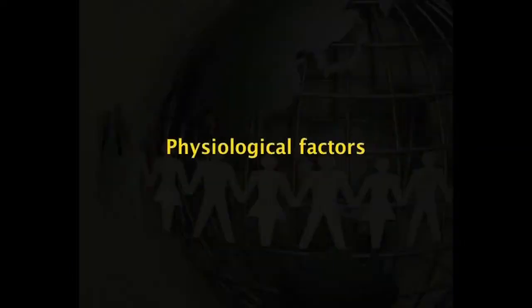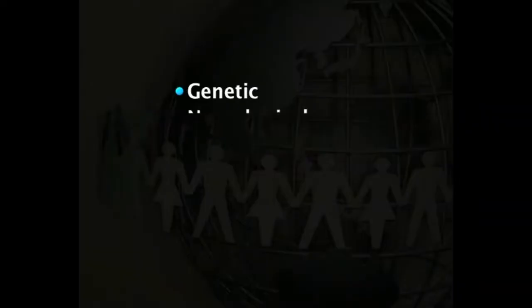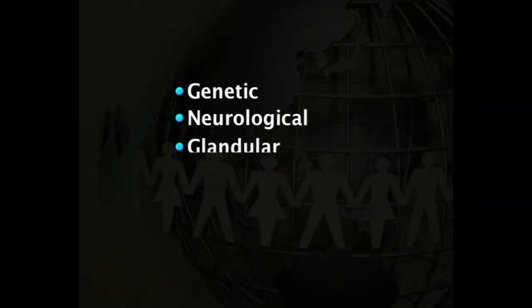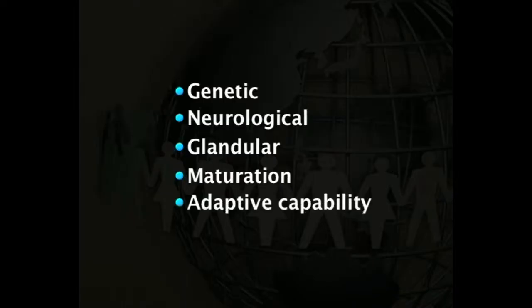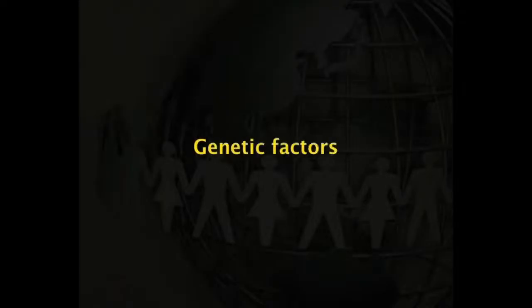Physiological factors: genetic, neurological, glandular, maturation, adaptive capability. These are some of the physiological factors affecting the growth and development of the child. Genetic factors: there are two types of cells.